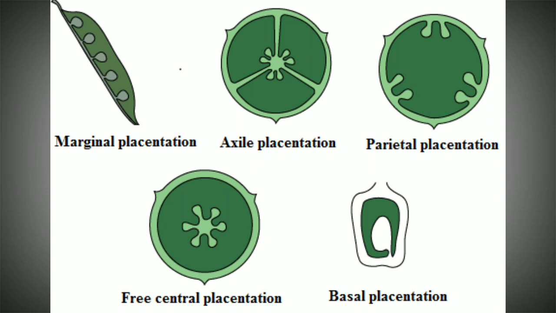There the placenta is formed on the axial part. That means they form a connection in between the locules, and the ovules are attached to those axial points, and in that case it is called axial placentation, as for example in case of lemon.